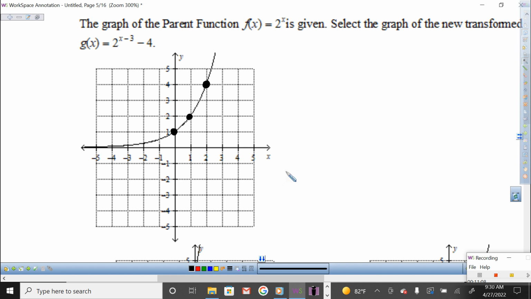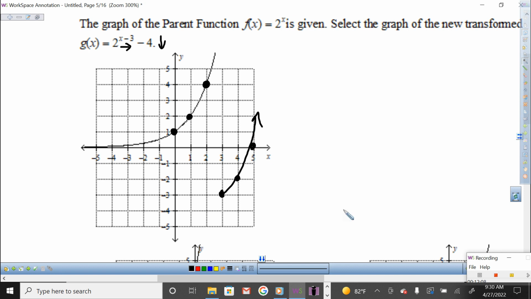So when you get to these, this is what I want you to do. I want you in this graph to actually do the transformation yourself. So we're going to move it in which direction, everyone? 3 to the right and 4 down. So I'm going to start with this point. I'm going to go 3 to the right and 4 down. 1, 2, 3, 1, 2, 3, 4. This one, 1, 2, 3, 1, 2, 3, 4. And then I graph it.